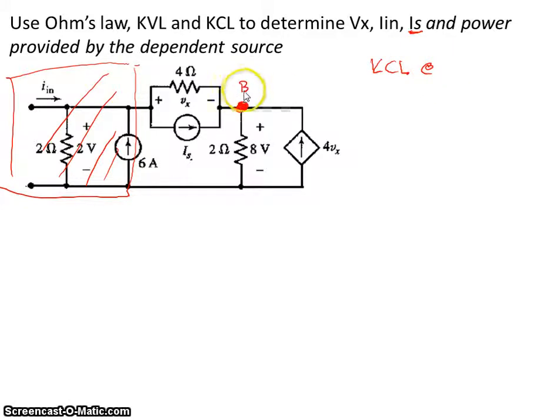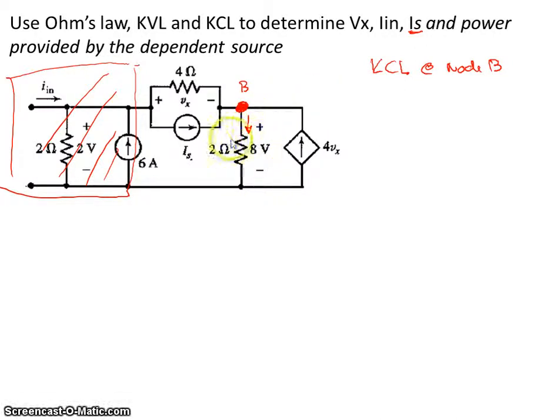Let's call this node B. At node B, I see that the current comes in, and let's find this current going down or out of the node, because passive sign convention says that these currents will come in and will produce a positive voltage.